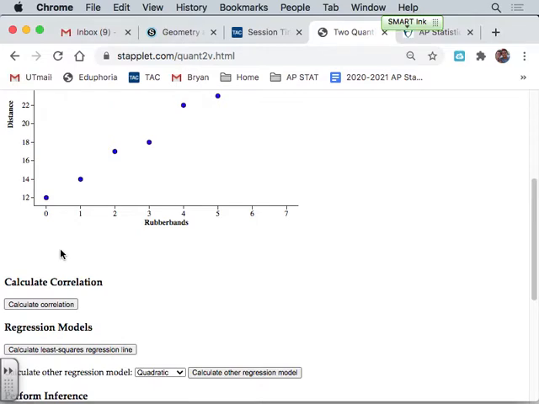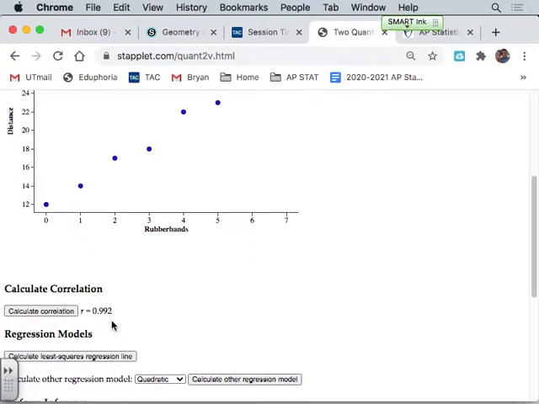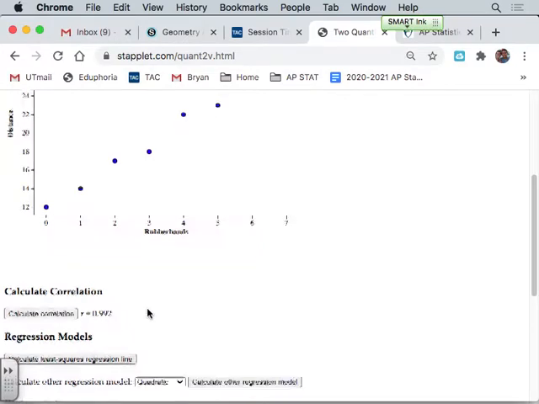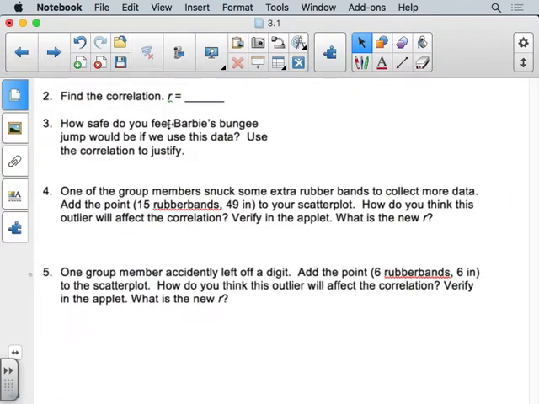We can also test if this would be quadratic or something, but we're not going to do that yet. So I'm going to calculate the correlation, and if you did it on your Staplet calculator, it should have been 0.992. Either way, R equals 0.992 would be number 2.